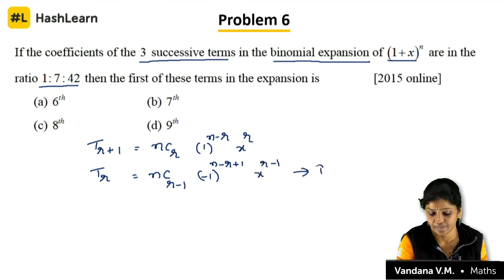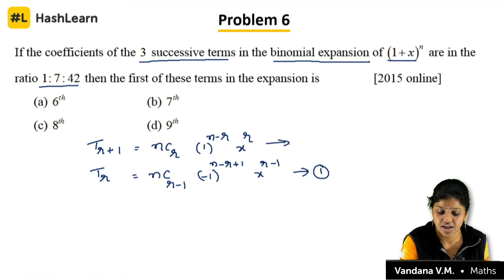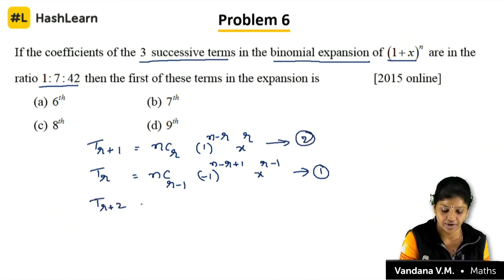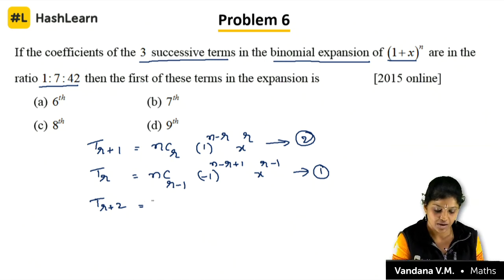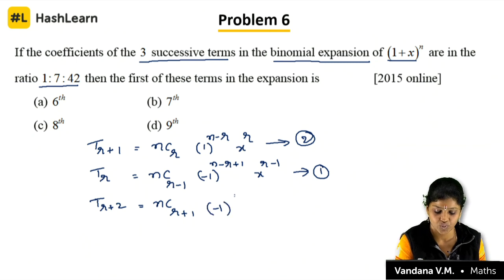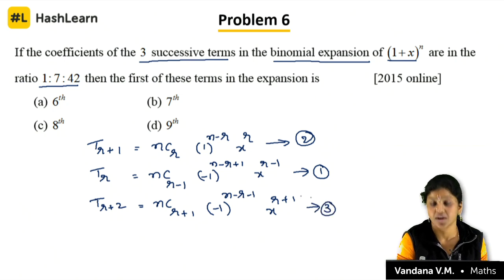This is equation number 1. This is equation number 2, and the next term T(r+2) will be nC(r+1), 1 power n minus r minus 1, x power r plus 1. This is equation number 3.